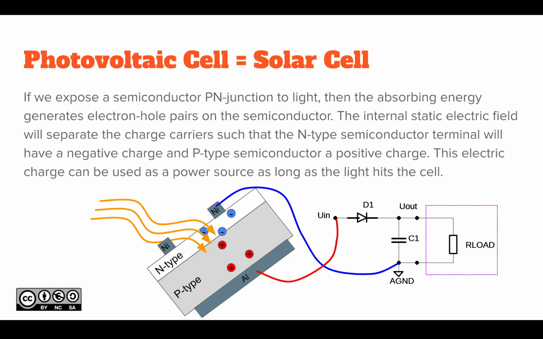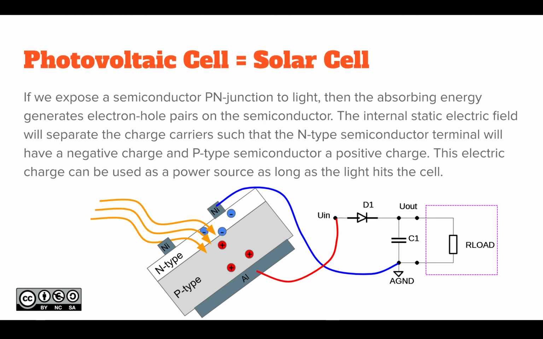And those are pretty efficient at turning solar power into electric energy. Even with cheap solar cells, you can turn something like 10 to 15% of the solar energy into electric energy, which is pretty good actually.